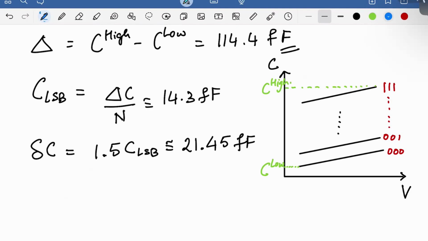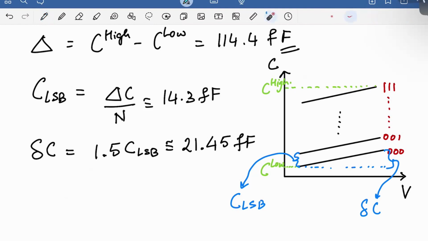Then this is CLSB, and if I take this down here, this is delta C. The reason I chose delta C to be 1.5 times CLSB is that I want there to be some amount of overlap between the two discrete tunings so that you can smoothly switch from one to the other.